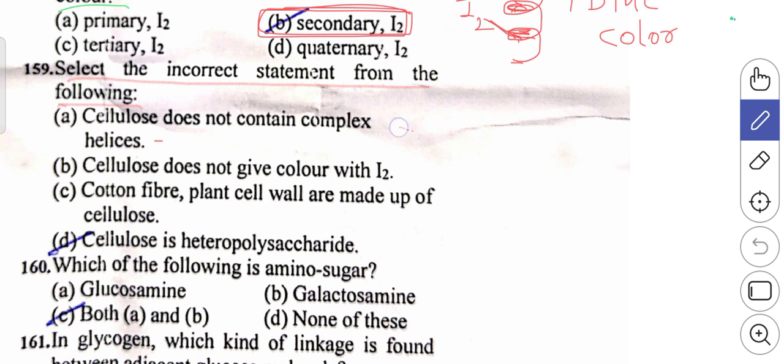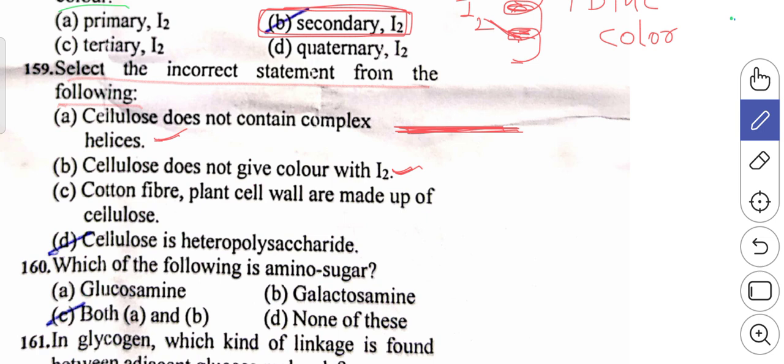So helices are absent in cellulose, that is, it forms a linear structure. So this one will be right. Then second one, cellulose does not give color with I2. This is also true, as cellulose is linear and there is no helical structure, so it cannot hold an I2 molecule. If it cannot hold I2, then it cannot form any color. So this is also true.